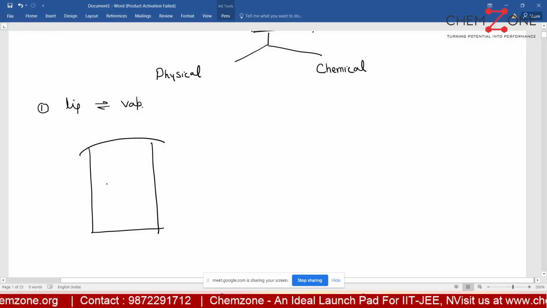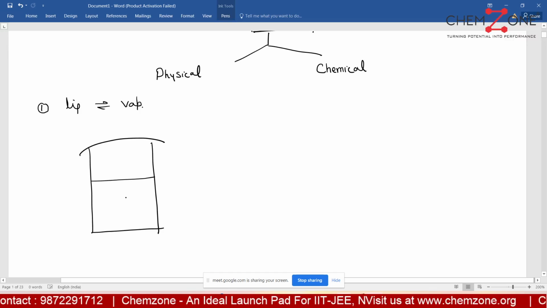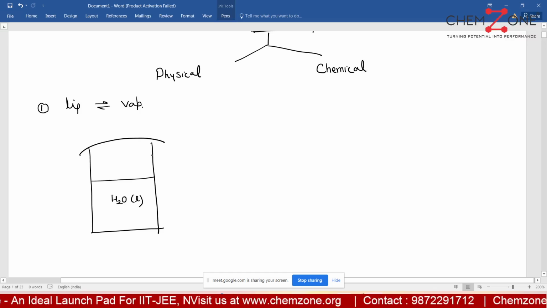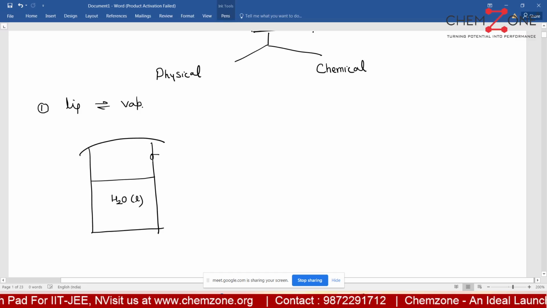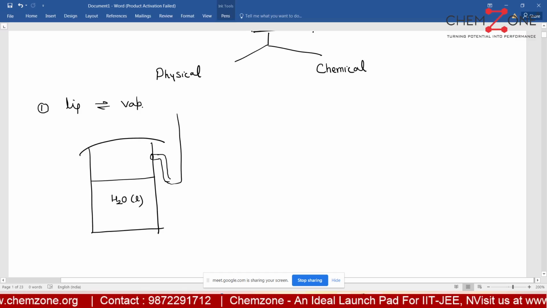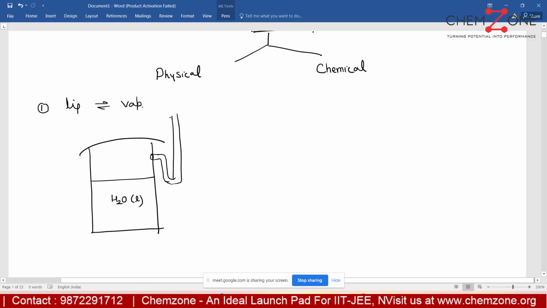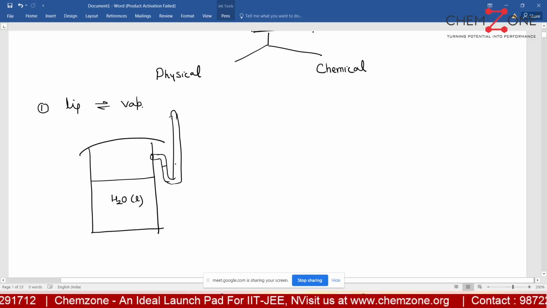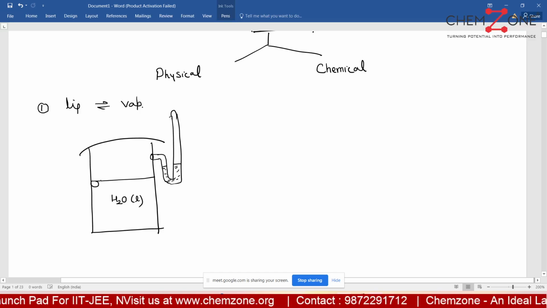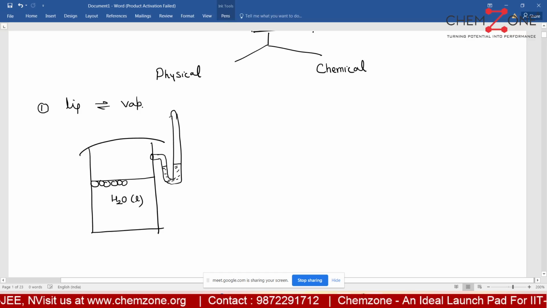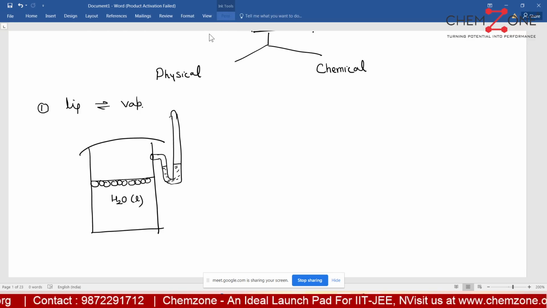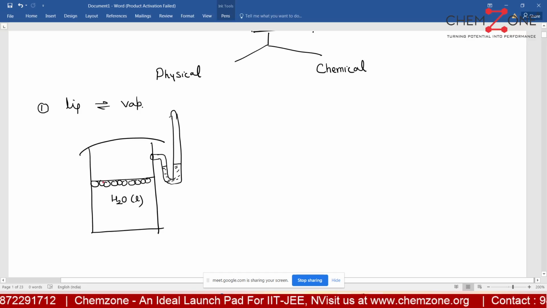Here I have a closed container with water in the liquid state, and I have connected it to an instrument known as a manometer. These are the molecules that I'm showing in the upper region.